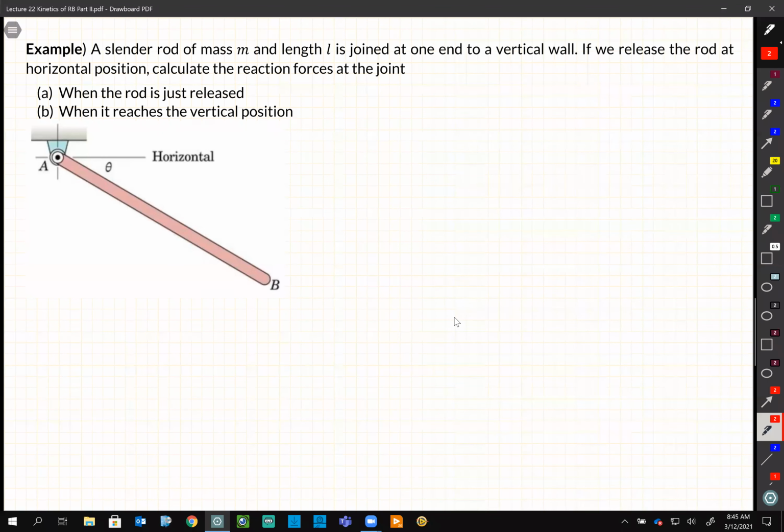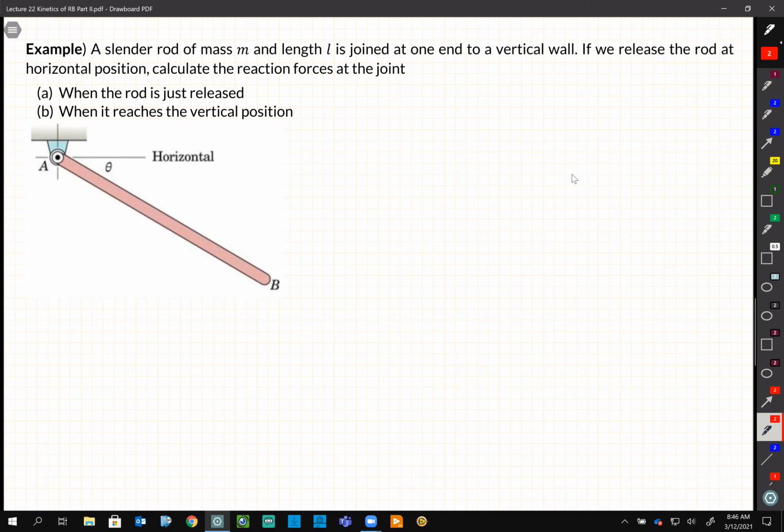I'll let you read this, and think about how we can solve it.